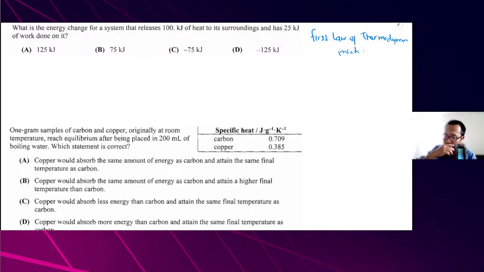So the change in internal energy of the system, which is delta E, equals the heat exchange, Q, plus work done, W.